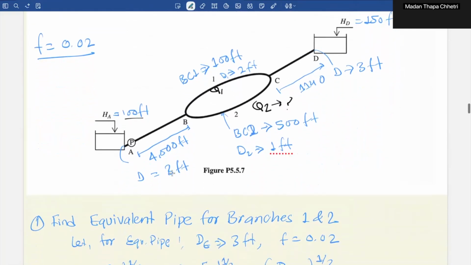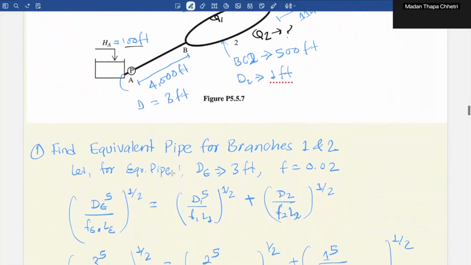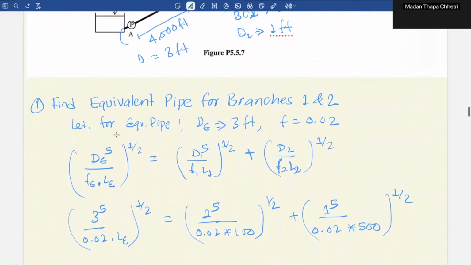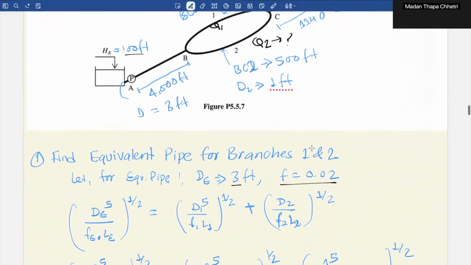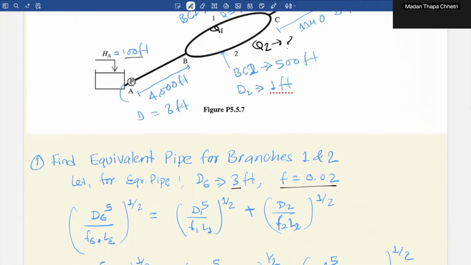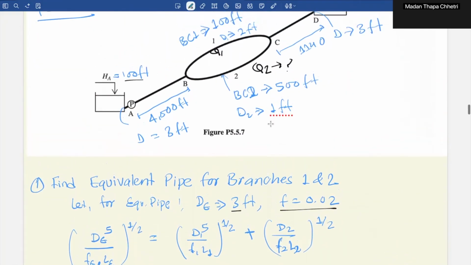In the previous recitation class I have also talked about this. For finding the equivalent pipe for branch 1 and 2, let us assume, to make the numerics easy later, a pipe diameter of 3 feet and a frictional factor of 0.02, to be consistent with diameters AB and CD.